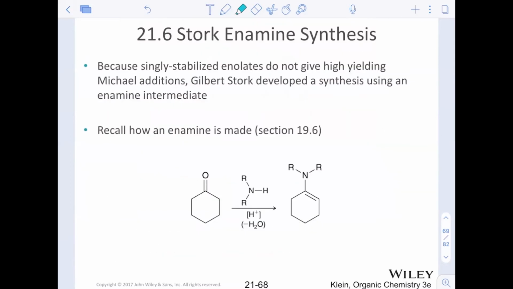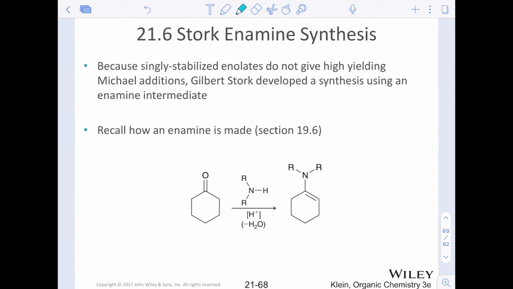The Stork enamine synthesis is sometimes utilized as well, and that is because singly stabilized enolates do not usually give high yield Michael addition. So if you wanted to use this type of ketone, you really couldn't form an enolate from it and then do conjugate addition.